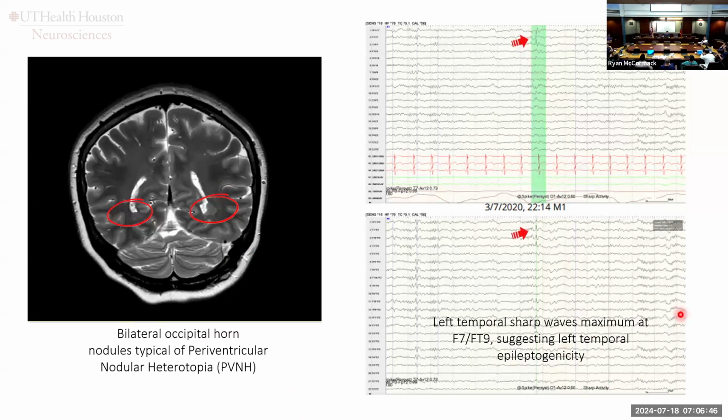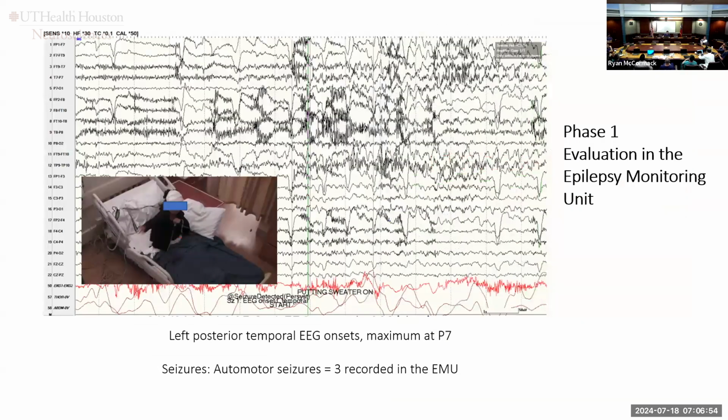And these sharp waves are maximal, suggesting a left temporal epileptogenicity. She underwent phase 1 evaluation, where she's monitored for several days and they try to induce seizures. And here again, we found that the seizure was coming from a left posterior temporal onset at P7.